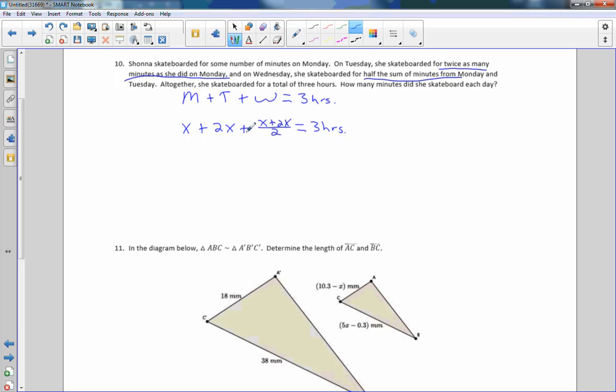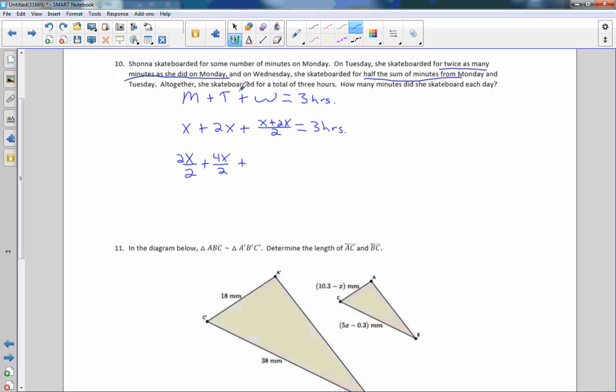I need the same denominator if I'm going to add fractions. So I'm going to make this a denominator of 2, but that's half of that, so I need to put a 2 out here. So x is the same as 2x divided by 2. And 2 times 2 is 4, so 4x divided by 2 is 2x. So these are equivalent, and then I'll just bring this down. And I'll simplify it as I go.